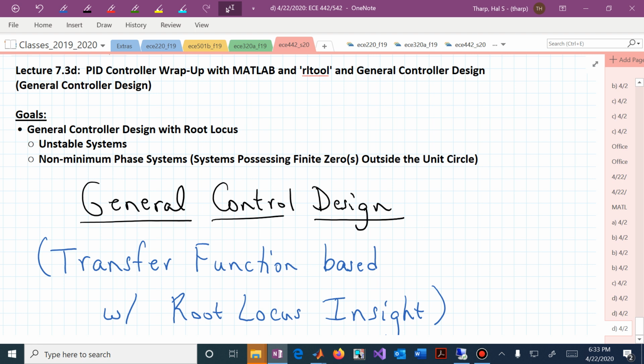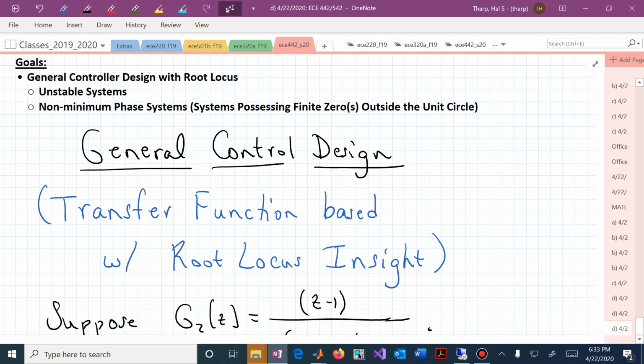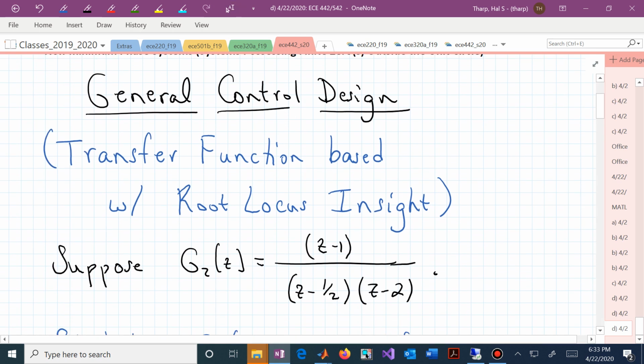And a non-minimum phase system is a system that possesses finite zeros outside the unit circle. And this design strategy is all based on our understanding of, or our insight into, root locus.